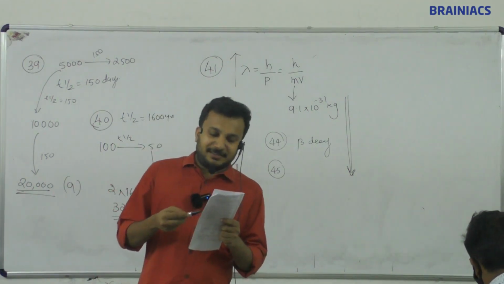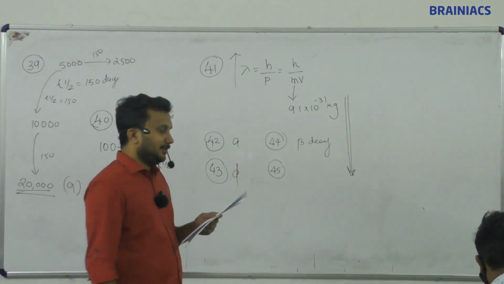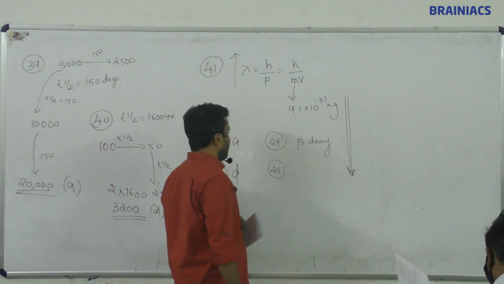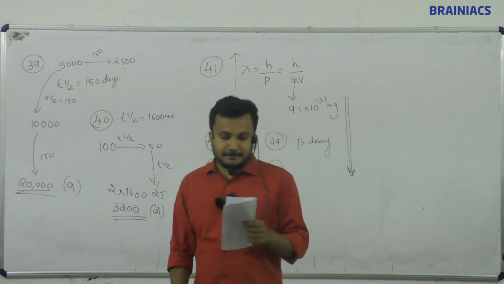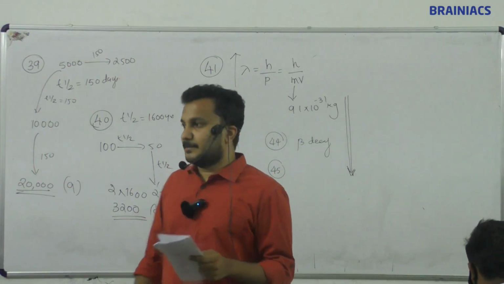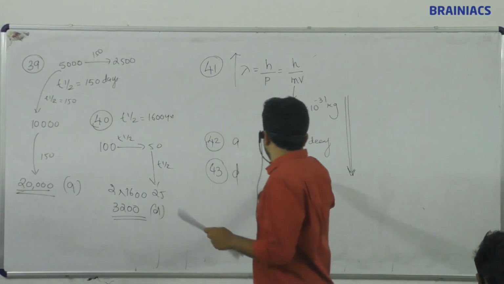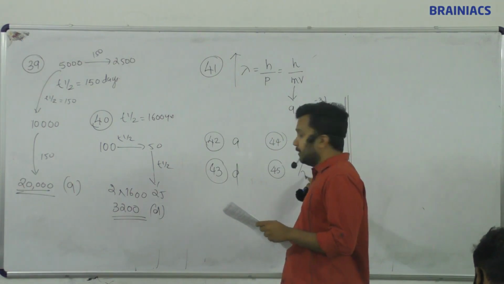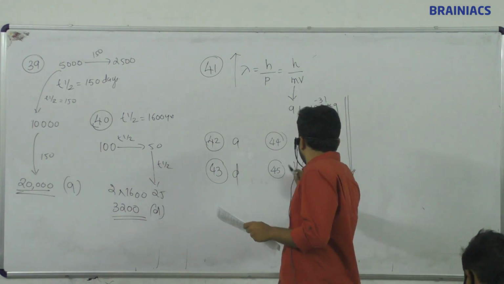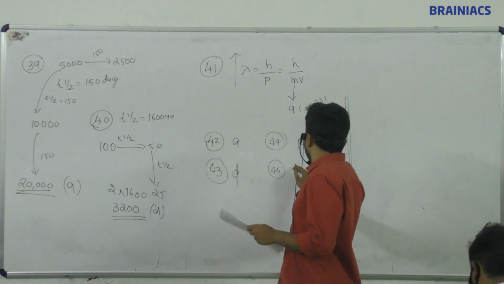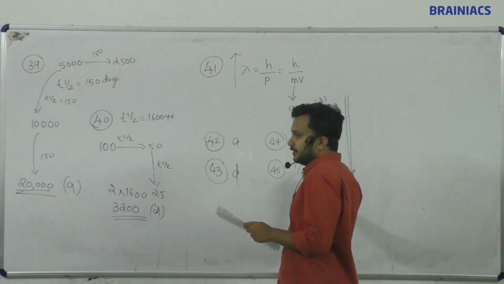45. Can you do this one? This we have already done, right? How much are you getting? 1 by 7. All of you got 1 by 7 lambda. Two questions of this model we have already done, same model but different values. Same way, 1 by 7 lambda, right?